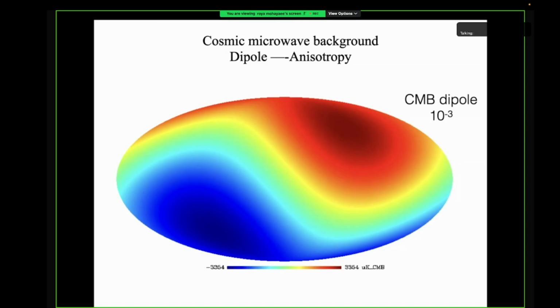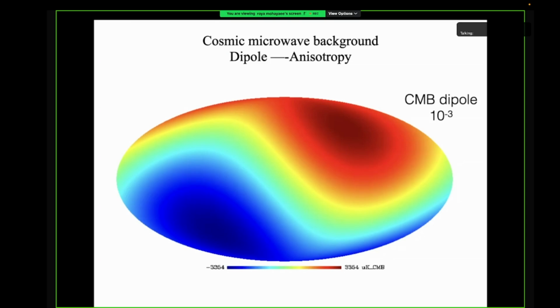Now, because it's 100 times larger, people from the very beginning attributed it a different origin from the CMB primordial fluctuations. Although the CMB primordial fluctuations have a fundamental origin, coming from inflation, if you like, or other origins, this dipole anisotropy of the CMB was not considered to have a fundamental origin.